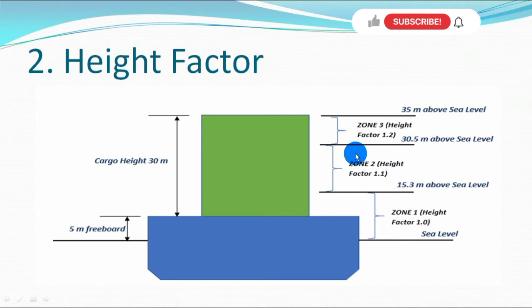So this is something to do with the formula or calculating the value for the windage. So this has a table which has an equivalent value in which we use in our calculation for getting the windage area. But this is just common sense that of course the exposed structure of the ship is greatly affected by the wind force.